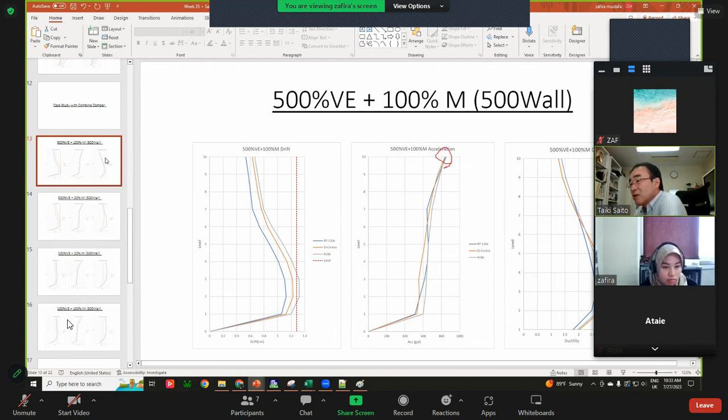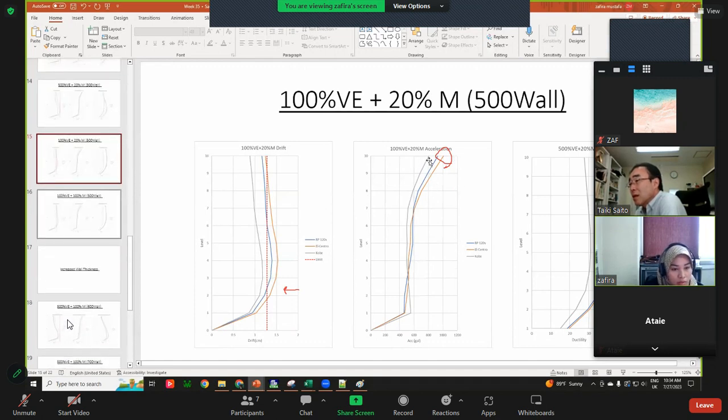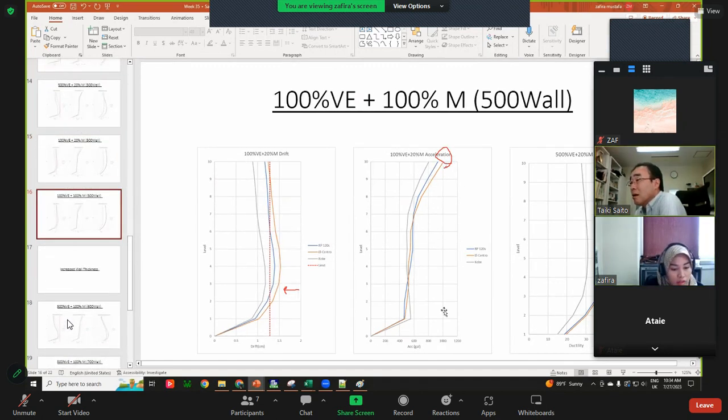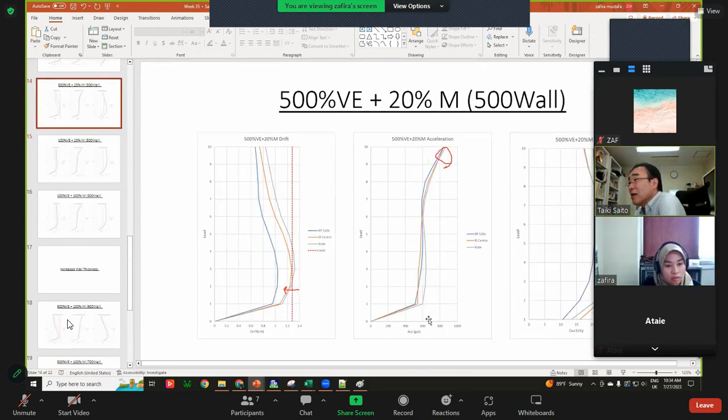You can control story drift, but acceleration at the top, maybe it is difficult? Most of the results here, for example, this is 900. This is even larger, almost 1,000. And here, 1,000. But the 800 is always there.